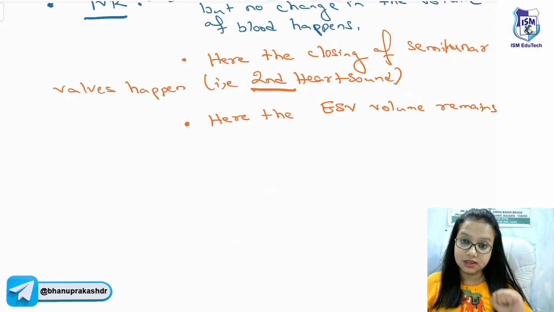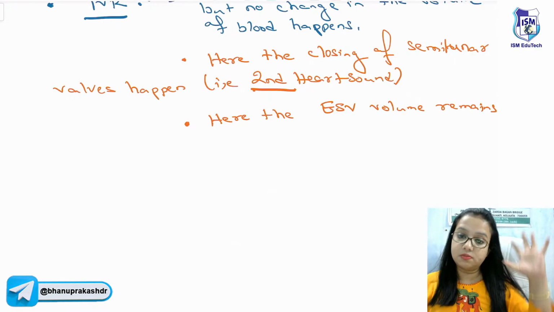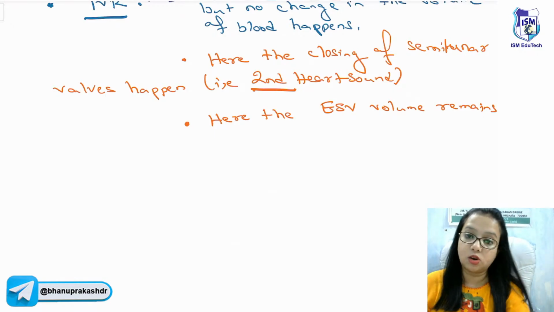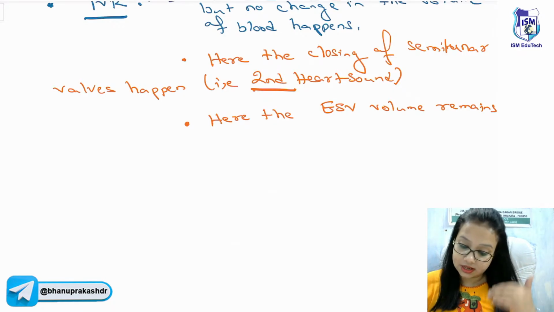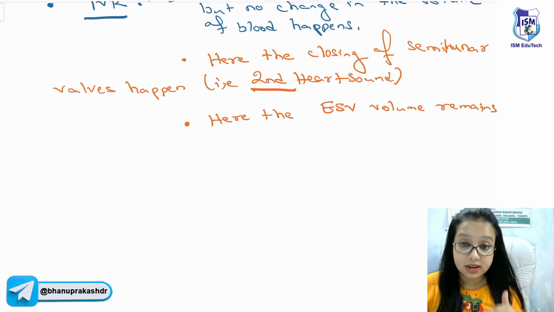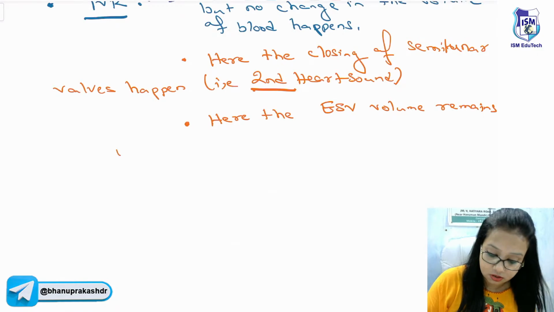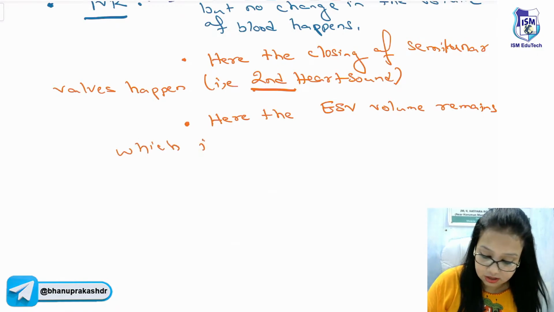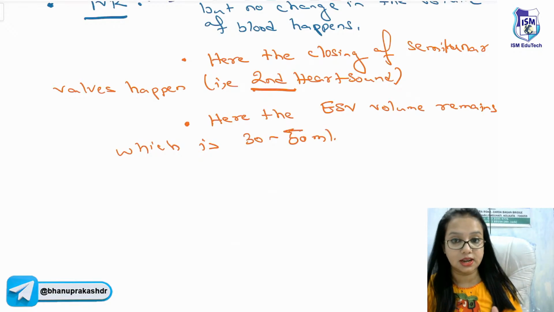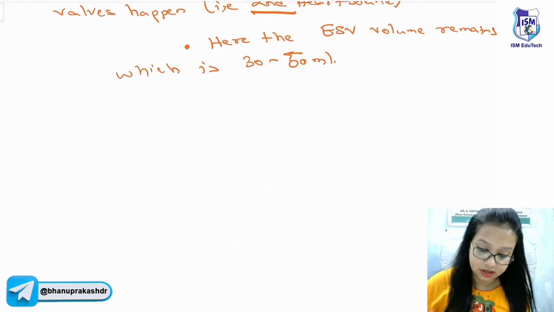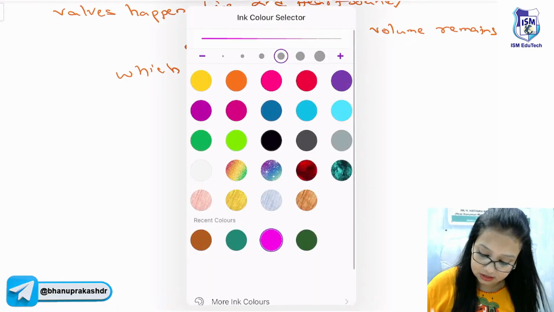So after the contraction, whatever blood has been ejected out, it has been ejected out. Now the volume of the blood that is present in the ventricle is the end systolic volume, which is about 30 to 50 ml. These are the events that happen in the isovolumetric relaxation.